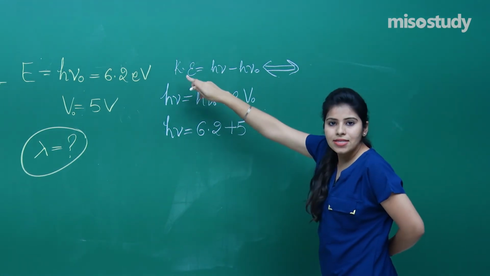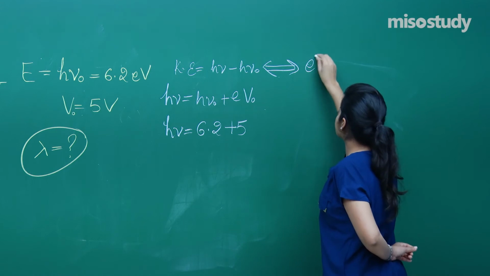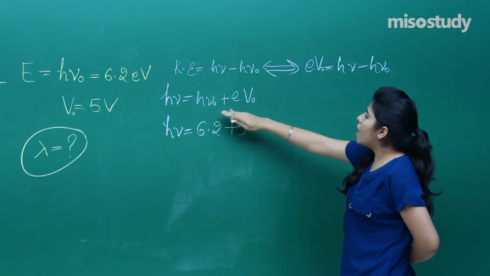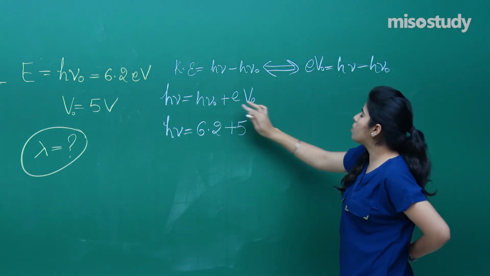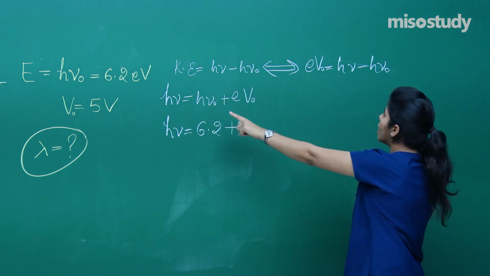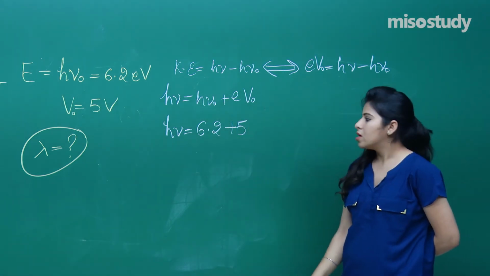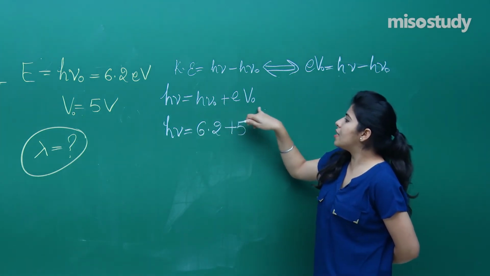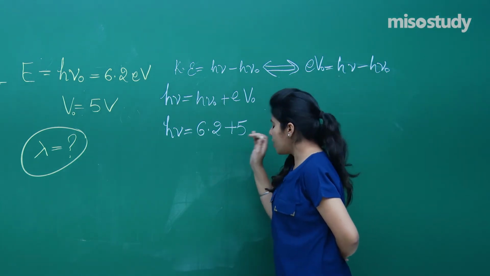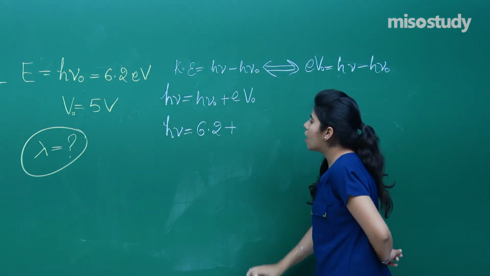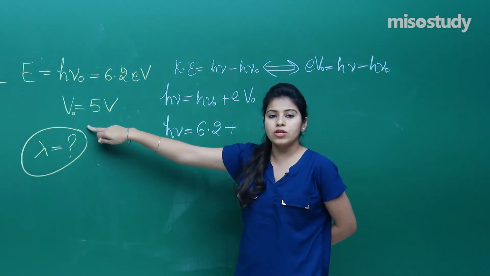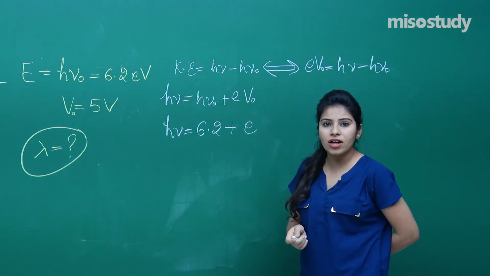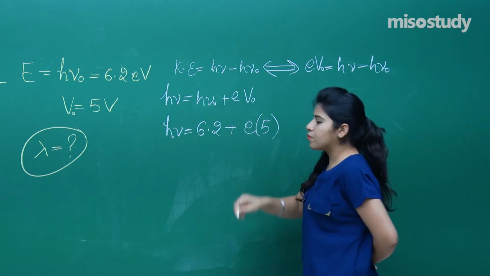I had earlier written kinetic energy equals h nu minus h nu naught. So I have just written this equation in this form, that is, h nu equals h nu naught plus eV naught. Now I know that h nu equals h nu naught, which is 6.2, plus e into V naught. I know the value of V naught. V naught is 5 volt. So I can just write this e as it is, because e is the electronic charge, and V as 5.